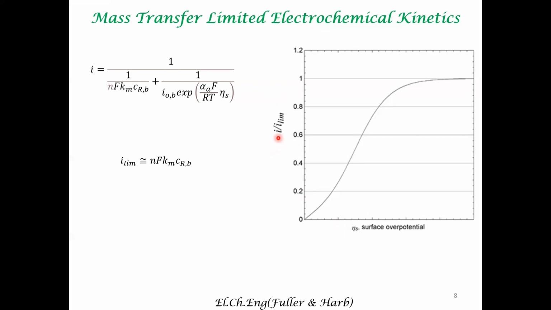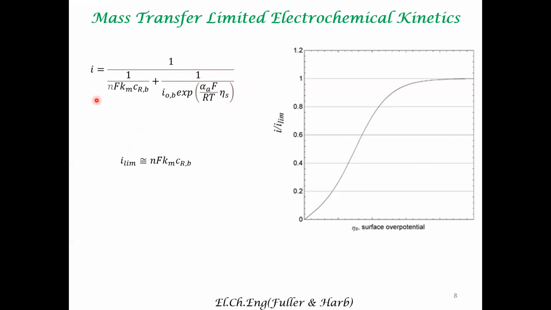And the reason for limiting current density is the following. Okay, on relative terms, the resistance to electrochemical kinetics, this particular term can be neglected, and the only resistance that comes into play is the resistance to mass transfer.